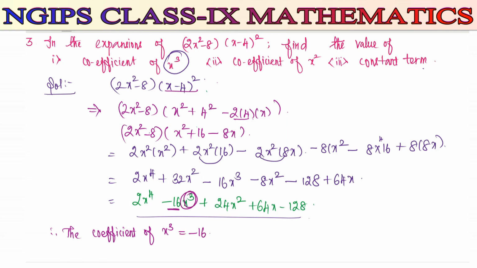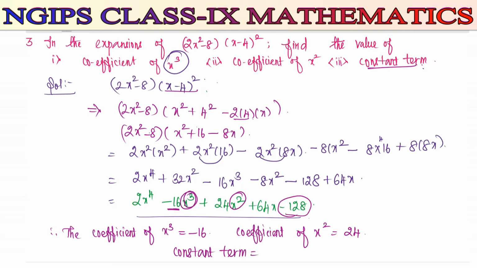Next, the coefficient of x square: except for this x square, remaining it is 24, and the sign is positive, so I will write 24. Next we need to find the constant term, and the constant term here is minus 128. So this is the final answer for this question.